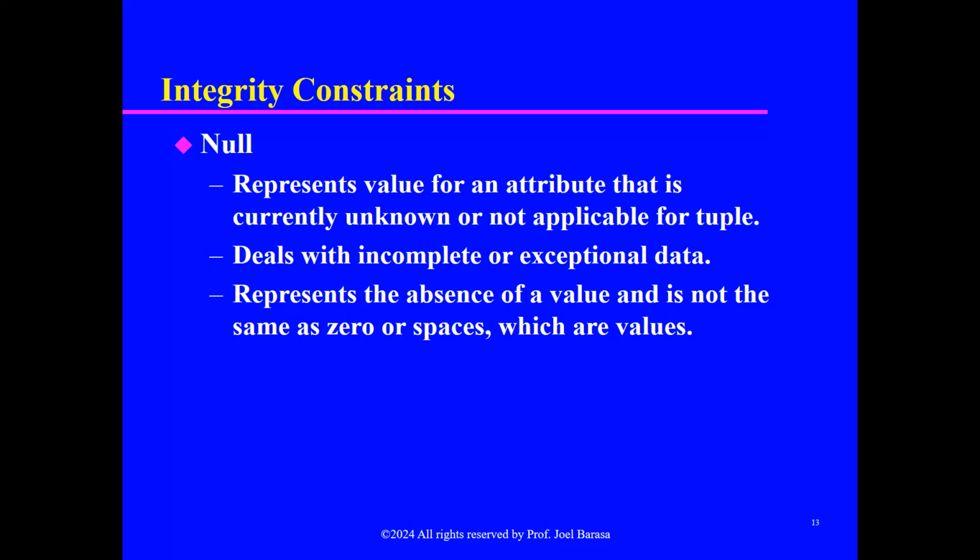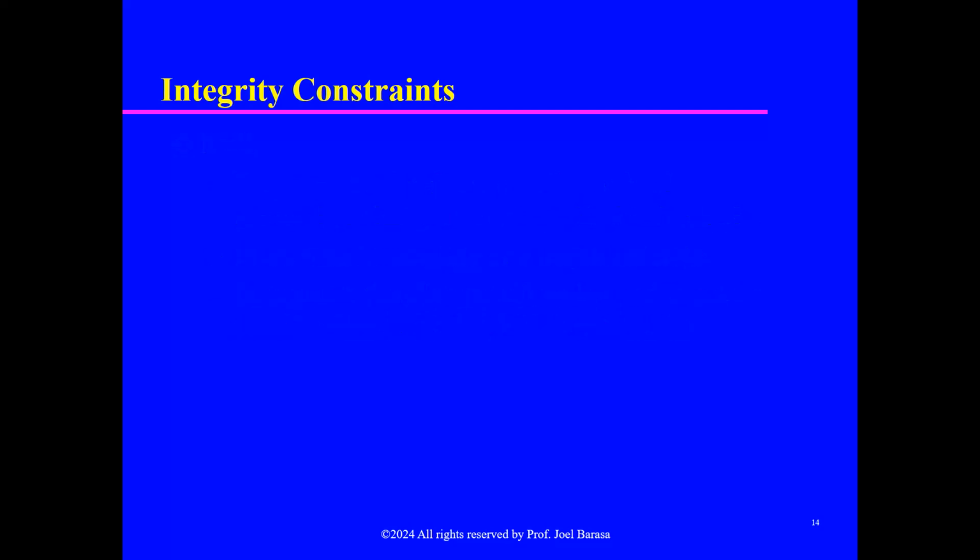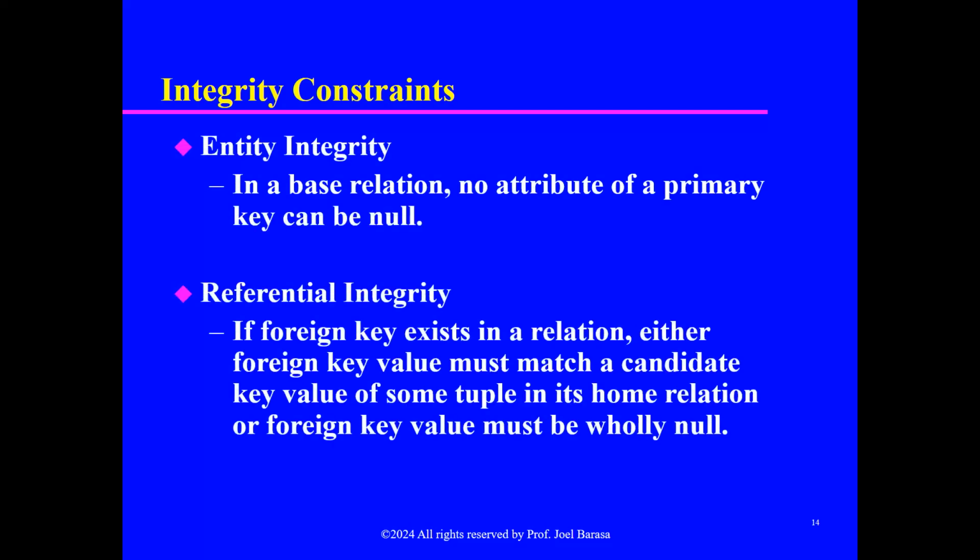Being null means it represents a value for an attribute that is currently unknown or not applicable for a row. It deals with incomplete and exceptional data, and it also represents the absence of a value. So null means you can leave it blank, but not null means you cannot leave it blank. You must fill it. Null means optional, not null means it's a must.